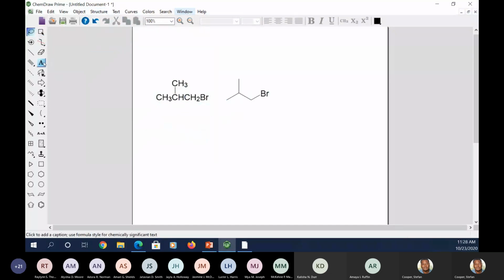Let's go ahead and identify the longest chain. That should be 1, 2, 3 here.